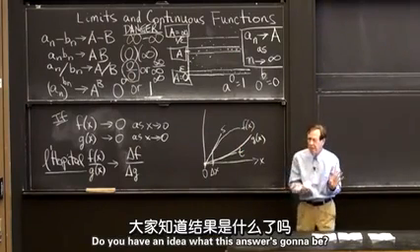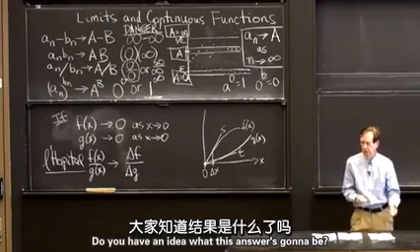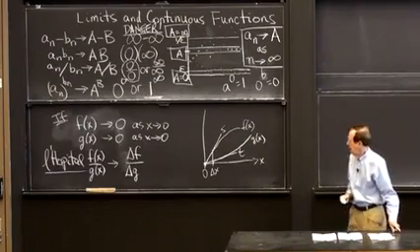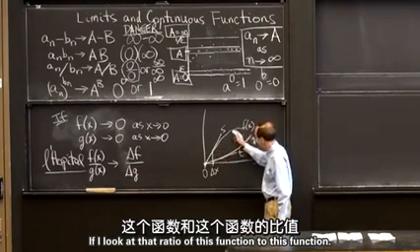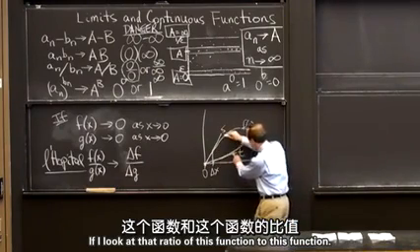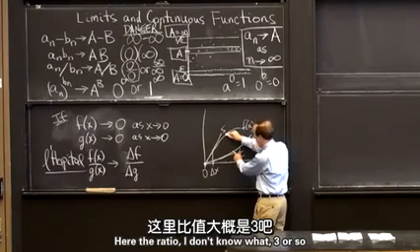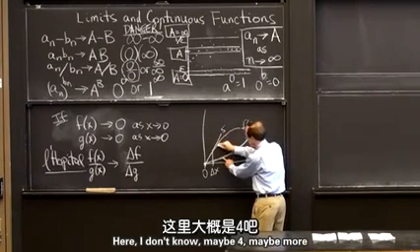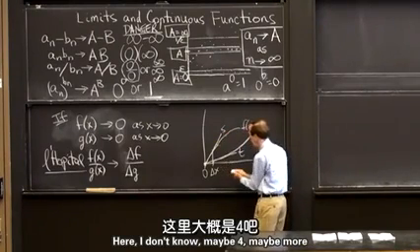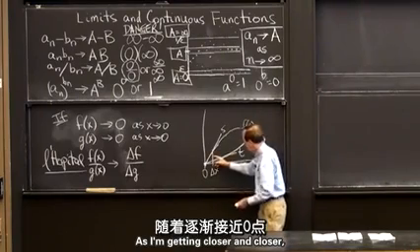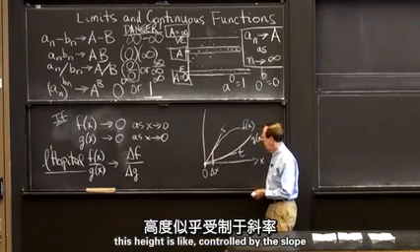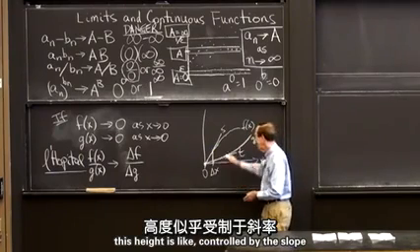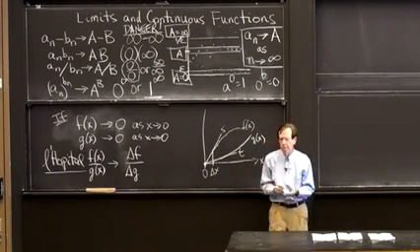Do you have an idea of what this answer is going to be? What is, if I look at that ratio of this function to this function, here the ratio, I don't know what, 3 or something. Here it's, I don't know, maybe 4, maybe more. As I'm getting closer and closer, this height is like controlled by the slope.